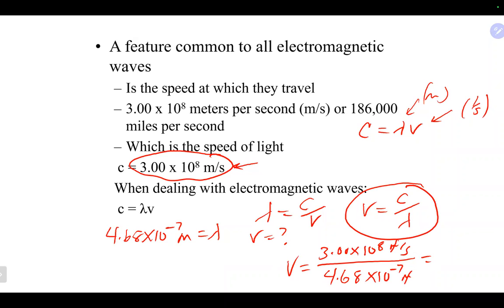We definitely would want to use our exponent button here: 3 exponent 8 divided by 4.68 exponent minus 7. That's going to give us 6.41 times 10 to the 14.